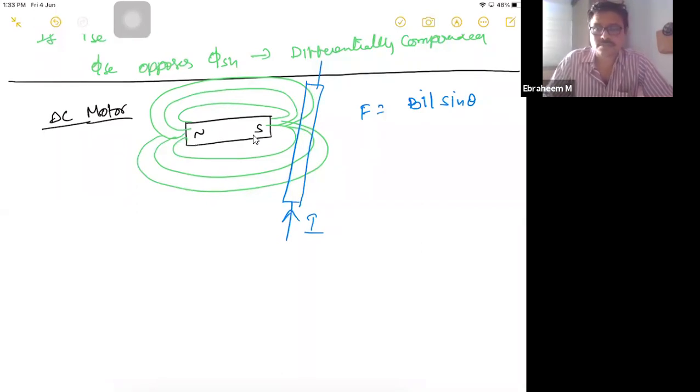So this is the principle of a motor, right? Here we supply electrical energy to the conductor, so it produces mechanical energy. That means it converts electrical energy into mechanical energy. Whereas in the generator we supply mechanical energy, and it converts it into electrical energy.